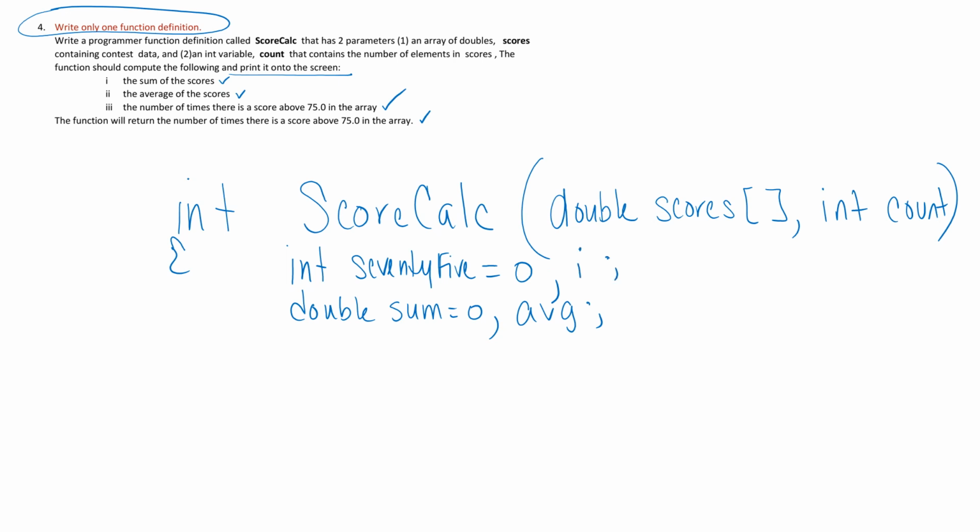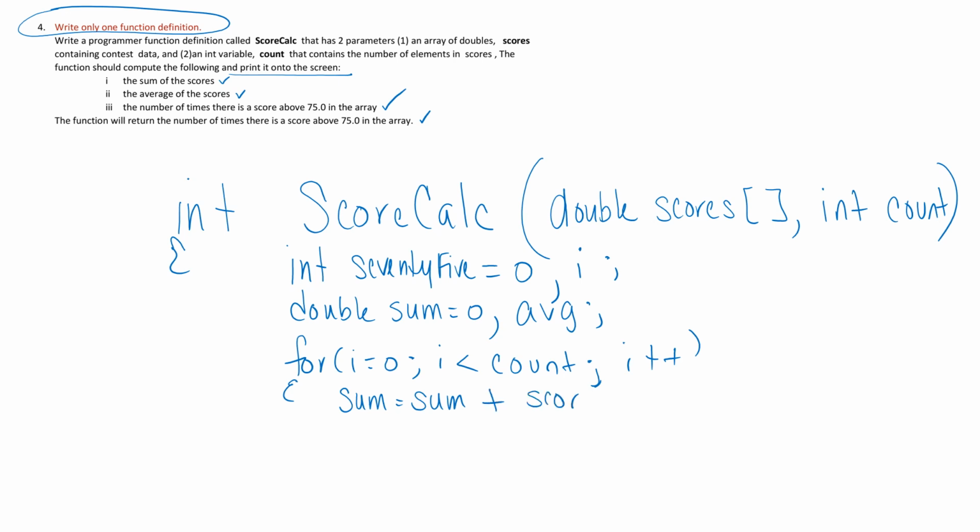So this is the same thing. That's why I gave you these sample questions to practice, practice, practice. For i equals 0, i less than count. Count is the number of filled cells. i plus plus. But we have to do a couple of things here. The first thing we're going to say is sum equals sum plus scores of i. That's just going to add up all the elements in the array.